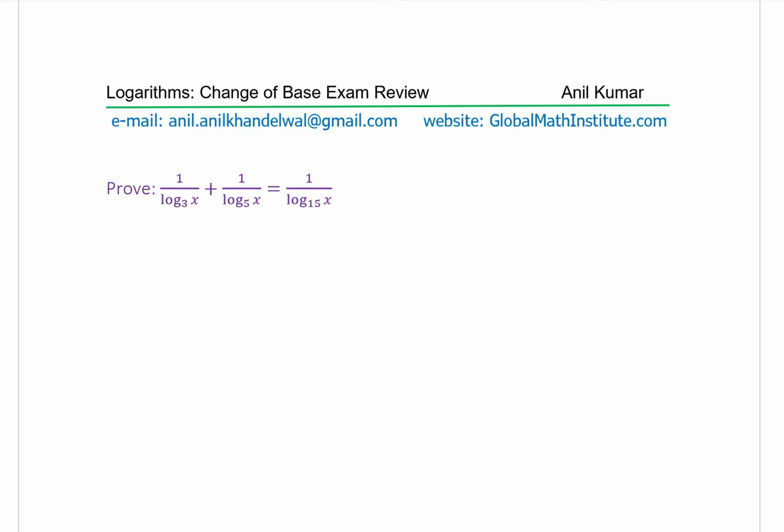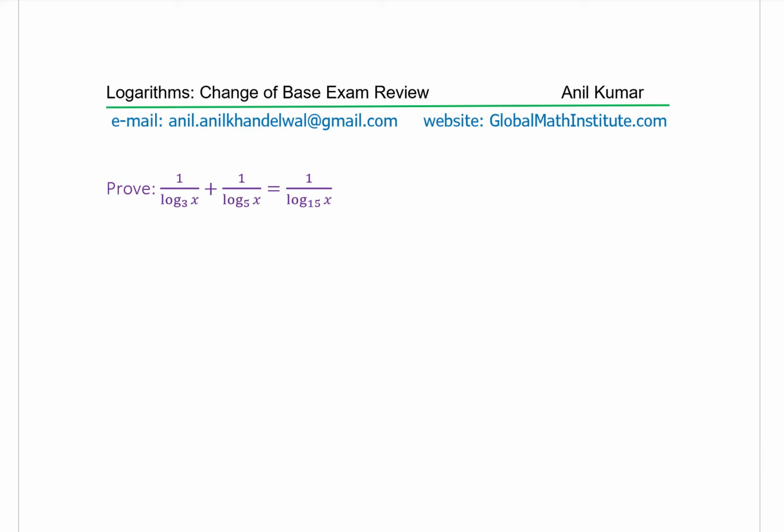Now here is the next example. You need to prove 1 over log to the base 3 of x plus 1 over log to the base 5 of x is equal to 1 over log to the base 15 of x. You can always pause the video, answer the question, and then look into my suggestions.